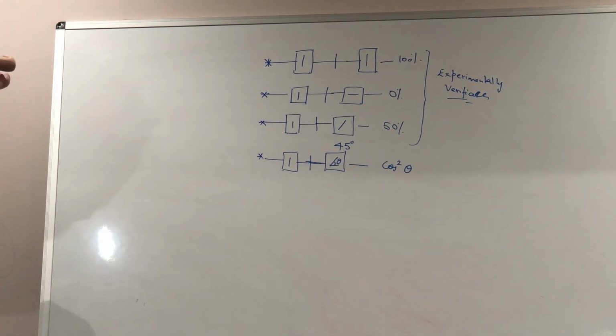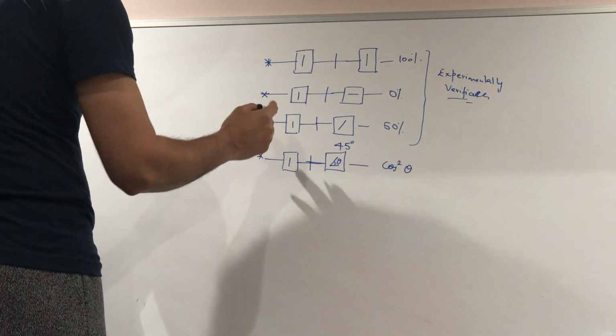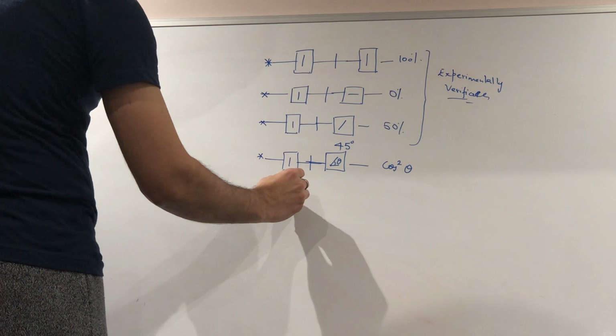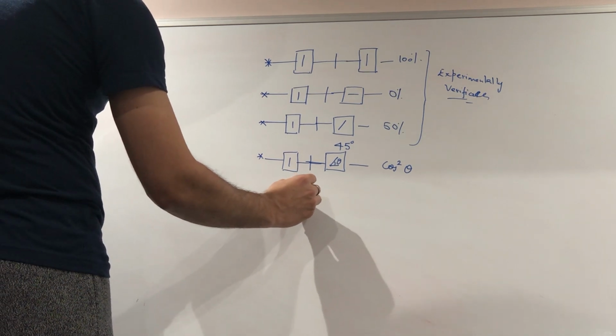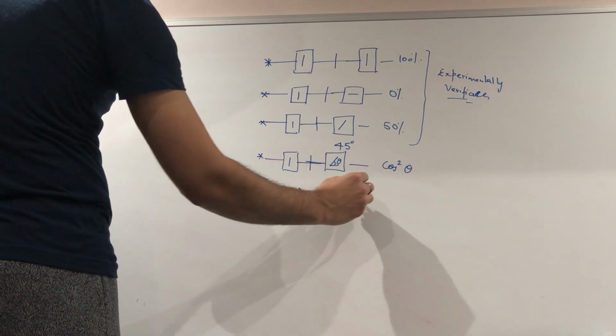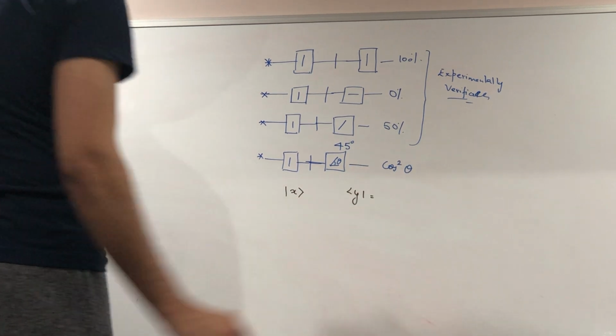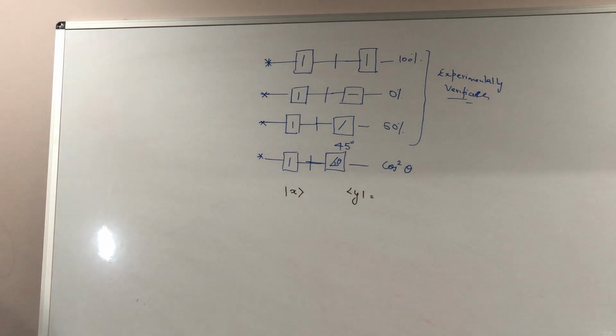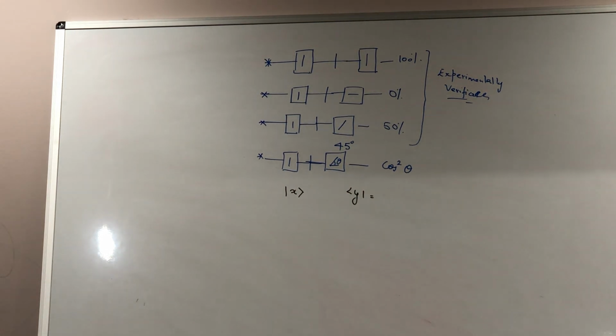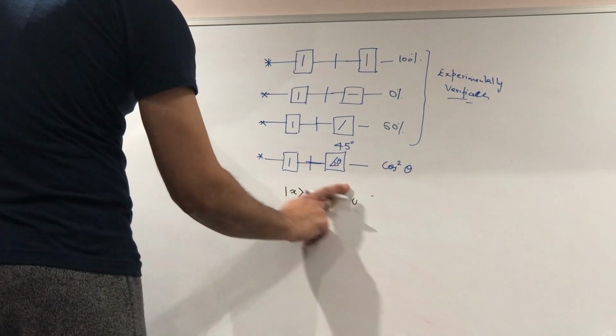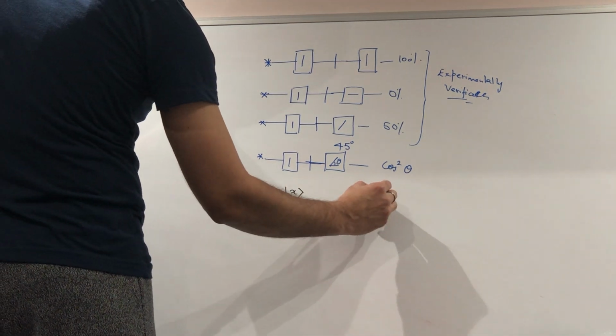So what is happening here? You see, this is in ket and bra notation. I will write the horizontal and the vertical states of the polarization of the photon by using X and Y kets. I beg your pardon, this is a Y ket, sorry.